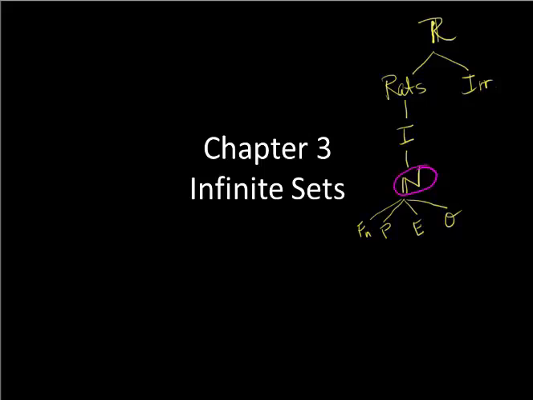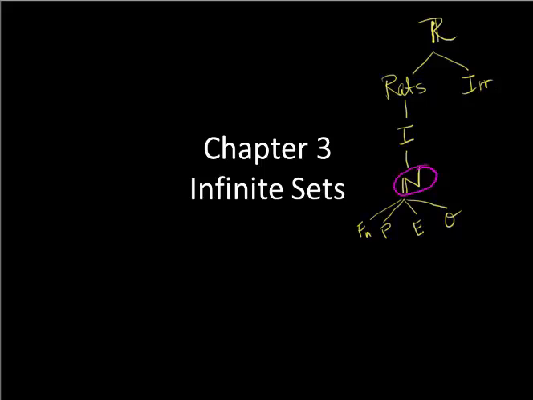Is the set of even numbers smaller than N? Or are the integers a larger size of infinity? Are the rational numbers larger than N? Well, this is going to be hard to do. This is something you've never thought of.